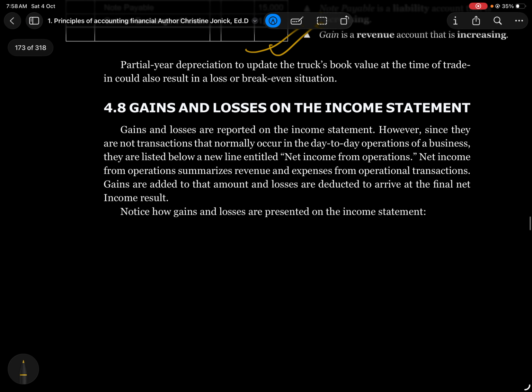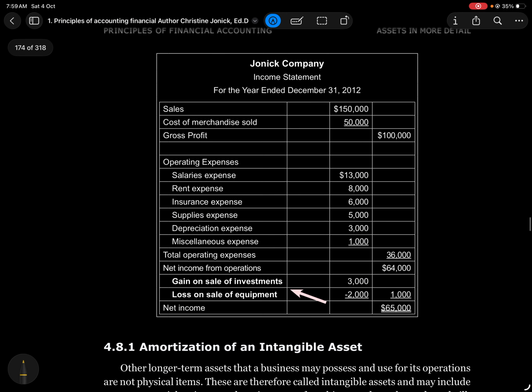What happens to gains or losses on the income statement? We would not present it in operations. We would present it as gain or loss on sale of equipment.